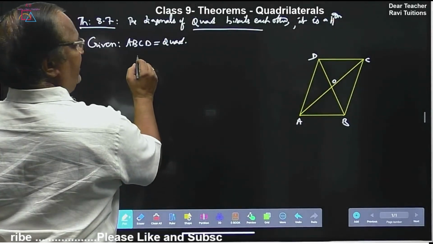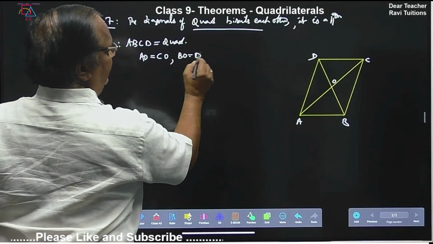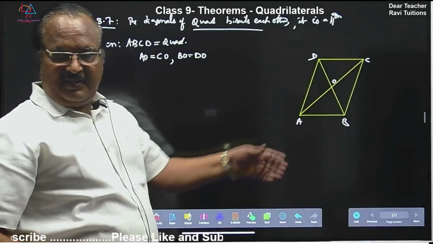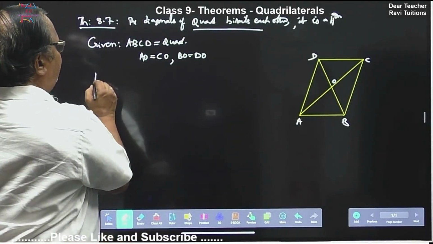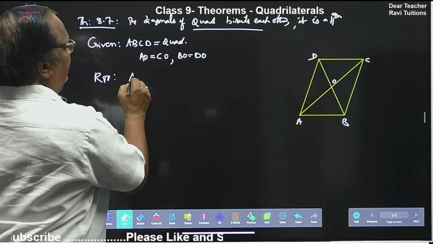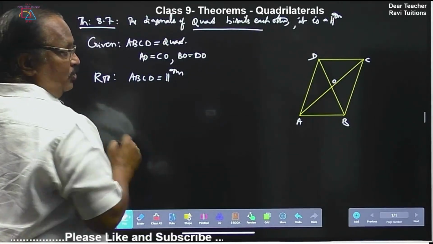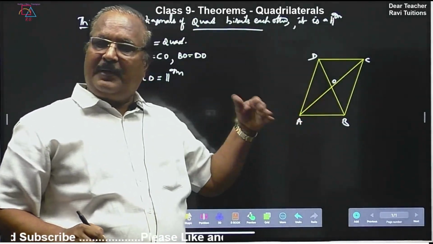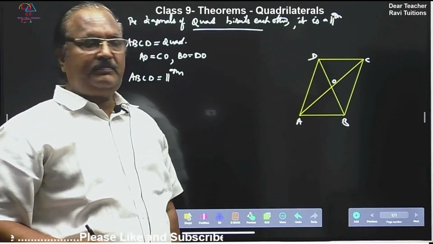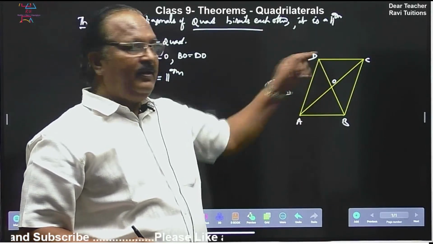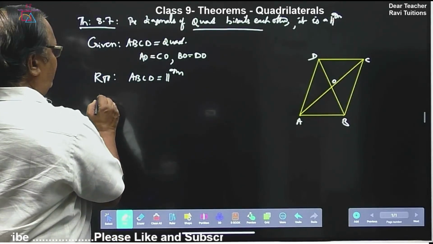So AO is equal to CO and BO is equal to DO. What is required to prove? ABCD is a parallelogram. To prove a quadrilateral is a parallelogram, we should prove that opposite sides are parallel. So let us try to prove AB is parallel to CD and BC is parallel to AD. This is our target.